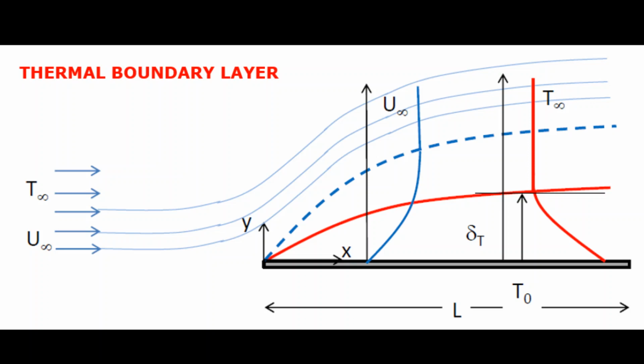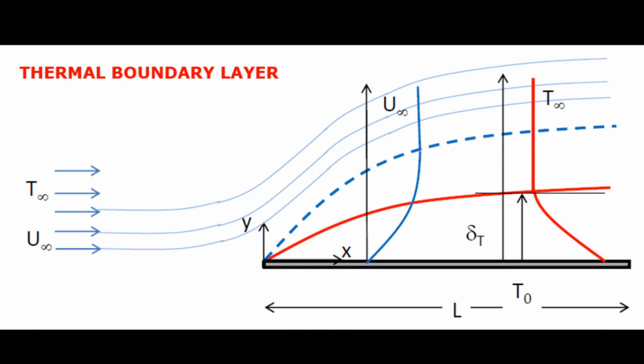So in this region of the fluid in which we have a temperature gradient, that's called the thermal boundary layer. In the same way as for the velocity boundary layer, we can define a thermal boundary layer thickness, delta T, which is the thickness you can see in this figure. The thickness of the thermal boundary layer will grow with increasing distance from the leading edge of the flat plate.